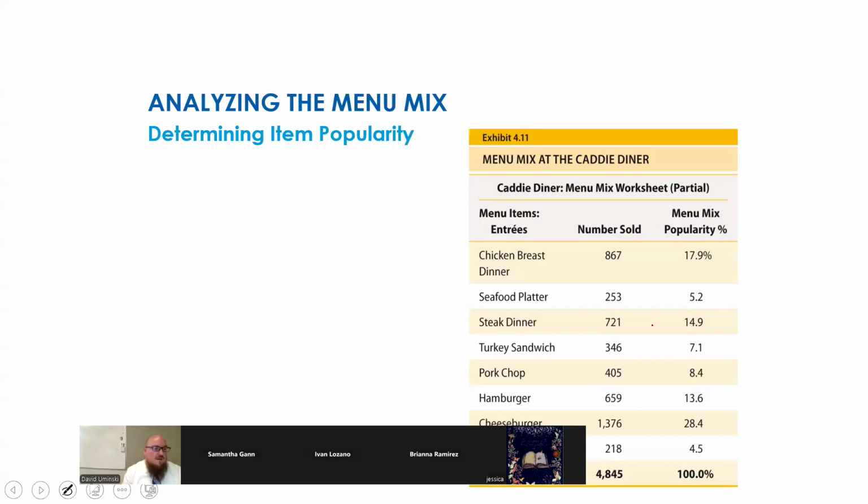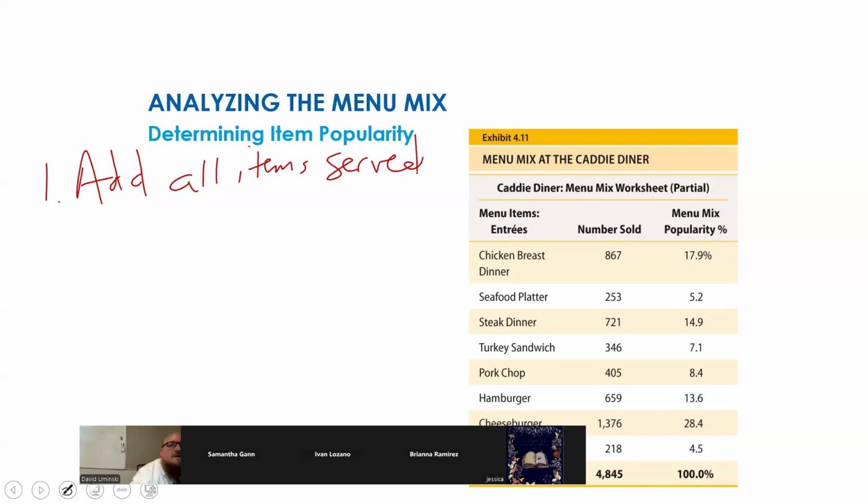All right. So back on the front side of our page. At the top, it says the steps to calculate popularity index. Everybody see that? So the first step, we want to add all items served.